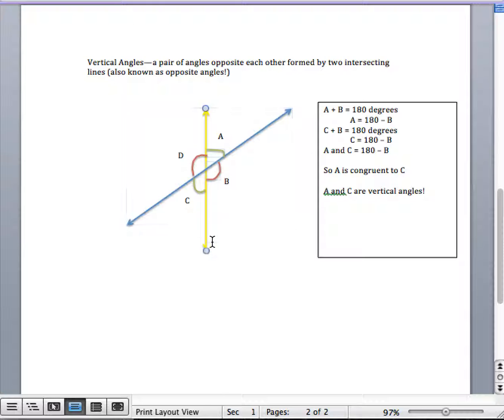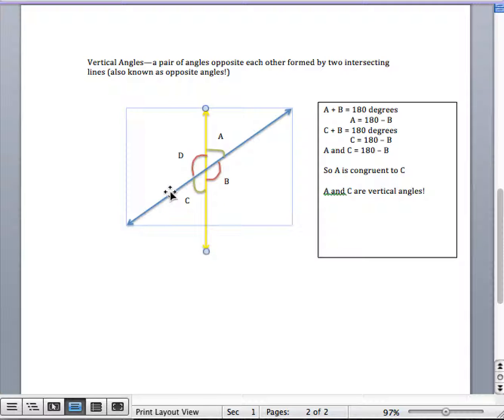So this yellow line, A and B both rest on this yellow line. So A and B must add together to equal 180 degrees because that's what a straight angle is equal to. So likewise, that would mean that A is equal to 180 minus B. That would be how you get this measurement.